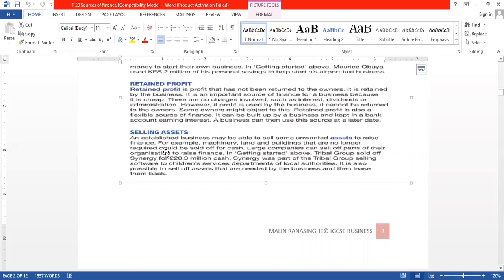Selling assets is another method: if you have assets in abundance or assets you are not using, unwanted assets, you can sell them to raise finance. The two major advantages of selling assets are that you can get a quick and high amount of capital, like selling a land, you can generate a good amount of capital for the project.